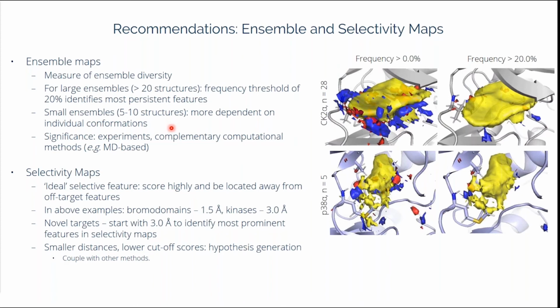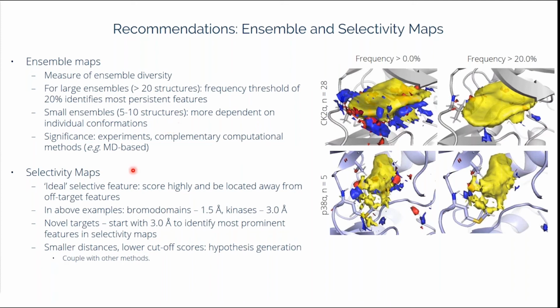And so in those cases, it's particularly important to also verify these hypotheses by either doing experiments or running complementary computational methods to assess how much that interaction would contribute to the binding of a ligand.